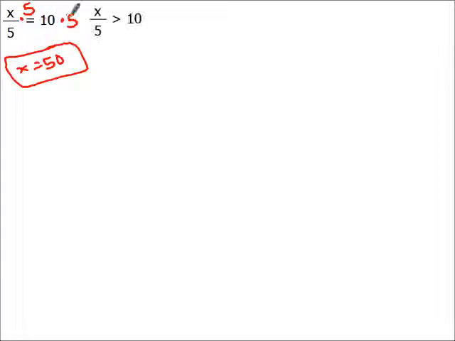Alright, let's try it with some multiplication. When you have them stacked on each other like this, remember it just means division, so we just need to multiply both sides. So this would be x equals 50. Again, if you have it like this, you're still going to multiply both sides by 5, so x is going to be greater than 50. That means any number bigger than 50.